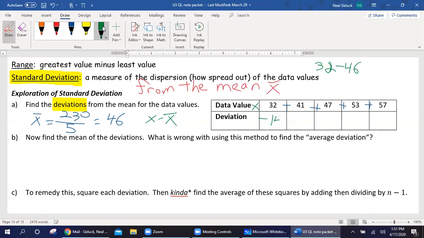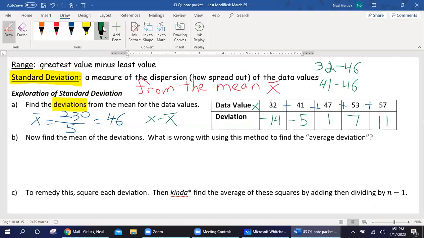That's negative 14. Next one would be 41 minus 46, negative 5. And just keep doing that. 47 minus 46, 1. 53 minus 46, 7. 57 minus 46, 11.